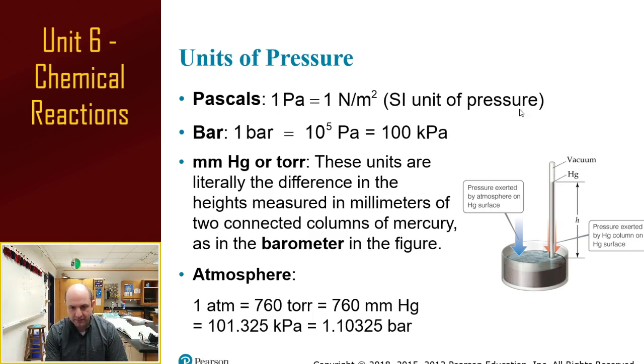He did this to show it's not that we suck liquid up the tube, it's that the atmosphere pushes it up the tube. With the millimeters of mercury, we're saying how high the mercury gets pushed up the tube. Same thing happens with a straw. We don't suck the air or the liquid up a straw. We let the atmosphere push the liquid up the straw into our mouths. Anyway, these numbers for atmosphere, these are the equalities.